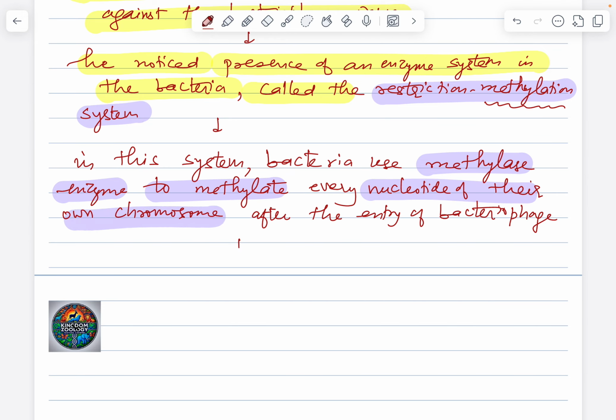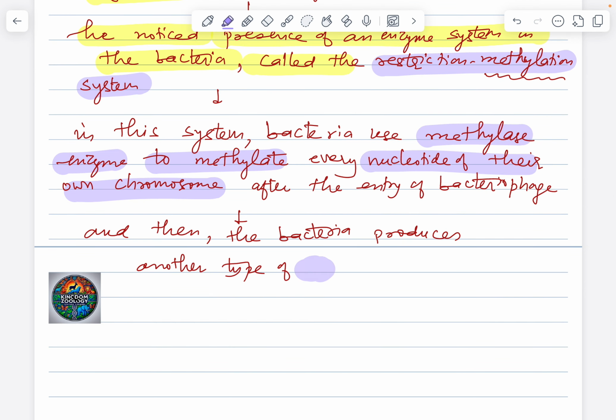Okay, and then the bacteria produces another set of enzymes, another type of enzymes called endonucleases.